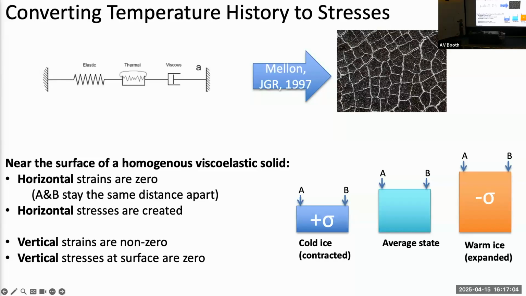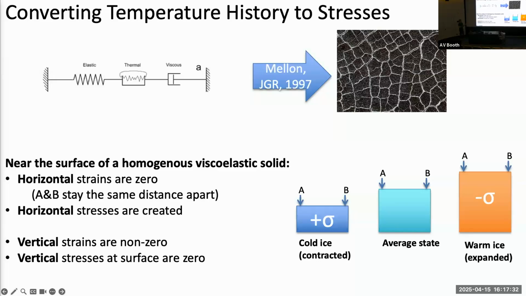Okay, so you have stresses that build up because of temperature changes. You can imagine the ice in its rest state here. There are 2 points on the surface, A and B, that are a certain distance apart. When you cool it off, everything shrinks, but A and B stay the same distance apart, because although they might want to pull themselves together because the ice is shrinking, they can't, because there's ice off to the left and off to the right pulling them in the opposite direction.